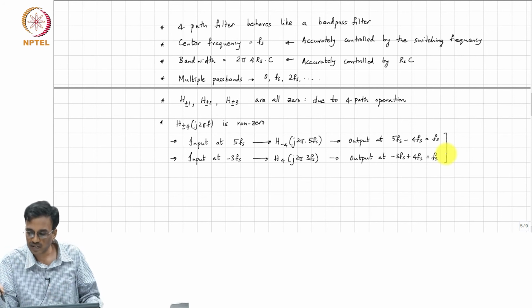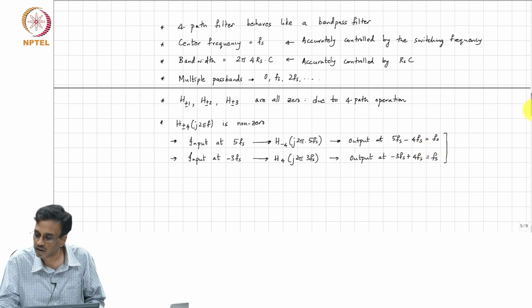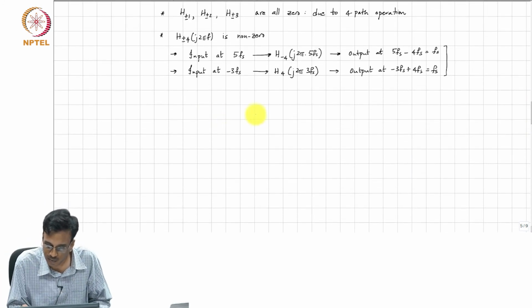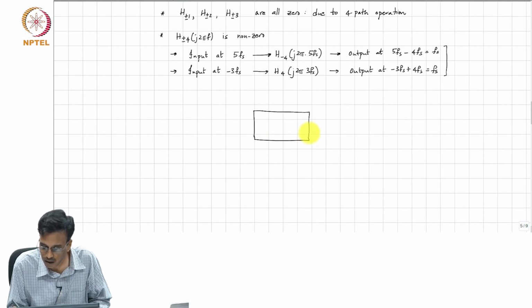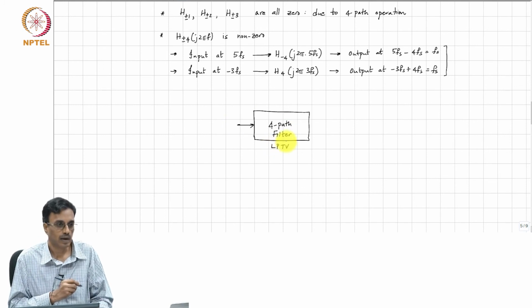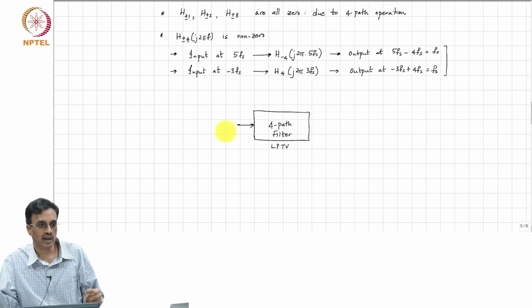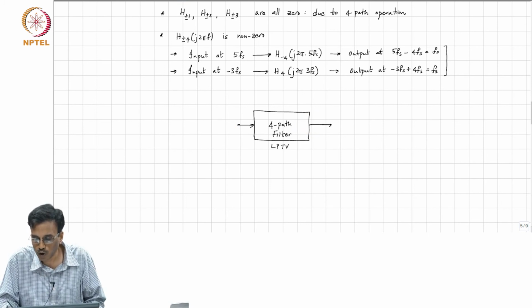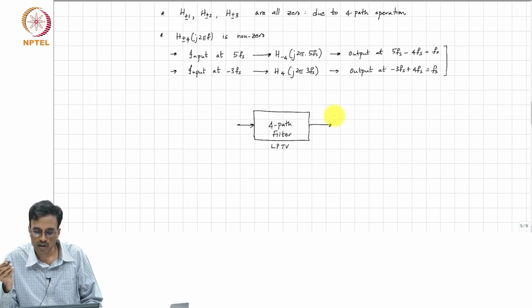So, this is however an easier problem to fix, and how will you do this? Well, you say here is my four path filter, right. So, this is a LPTV, of course, and which is the nearest input frequency that can appear at the output? 3 fs, right.